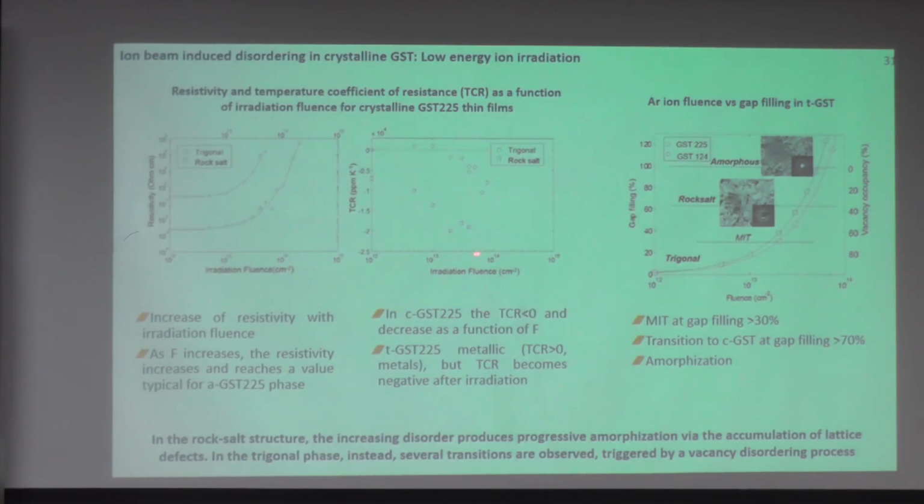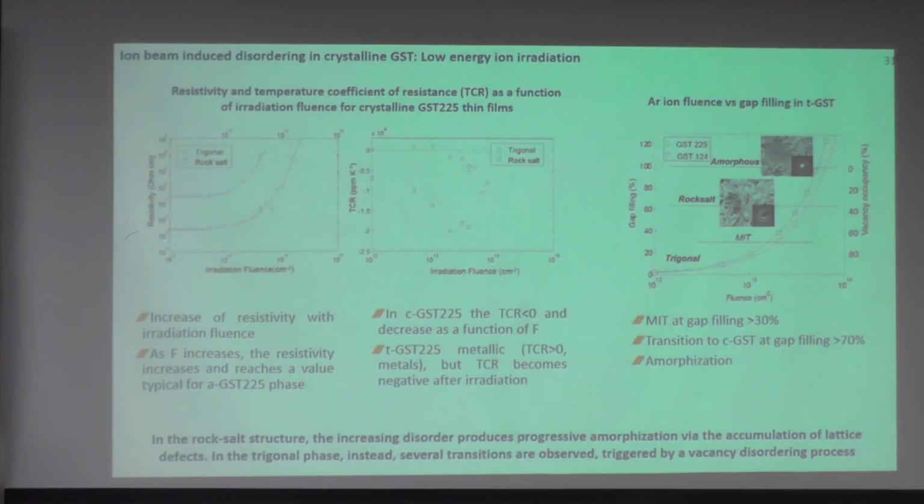But the rock salt structure, FCC structure, stays the same during these fluences. So here the TCR does not change. It stays always smaller than 0, and we know that this phase behaves like an insulator. And the TCR of the trigonal phase is changing from a positive value to a negative value.